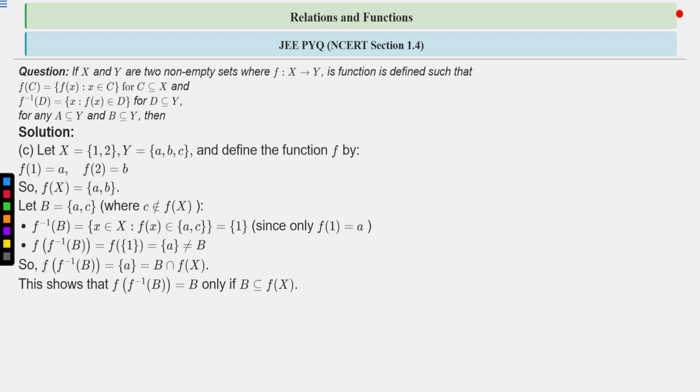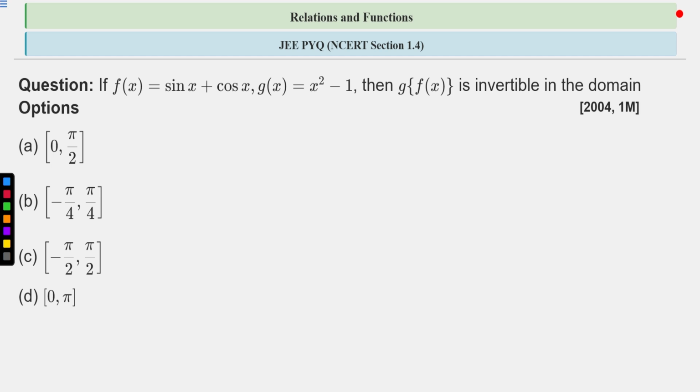This shows that f of f inverse of B is equal to B only if B is a subset of f(X), right? Hence only C satisfies the given condition. Got it?